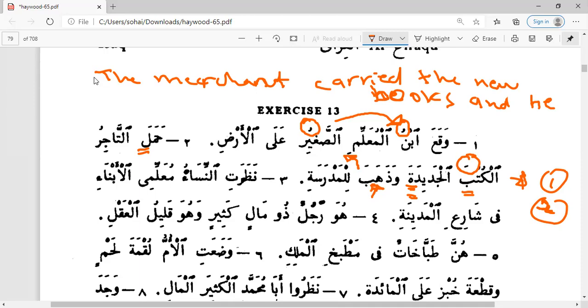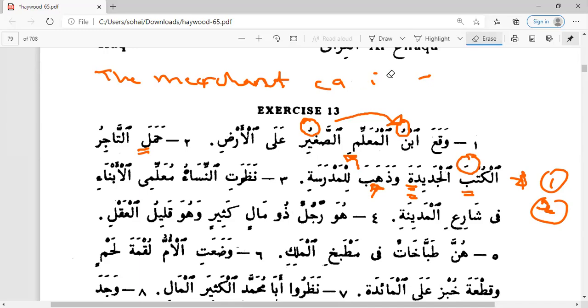What's the pronoun hidden within? He. Zahaba, he went to the madrasa, to the school. So the merchant carried the new books and went to the school.